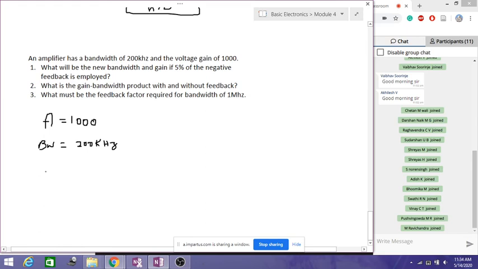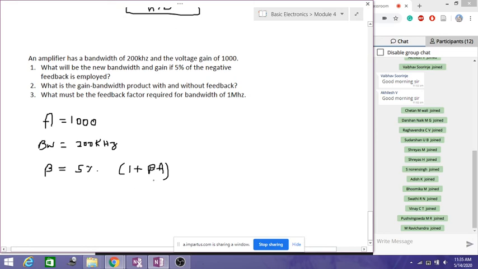So 5% negative feedback means the value of beta is equal to 5%. What is the denominator factor that we have written? The denominator is 1 plus beta into A. So now we will compute this.